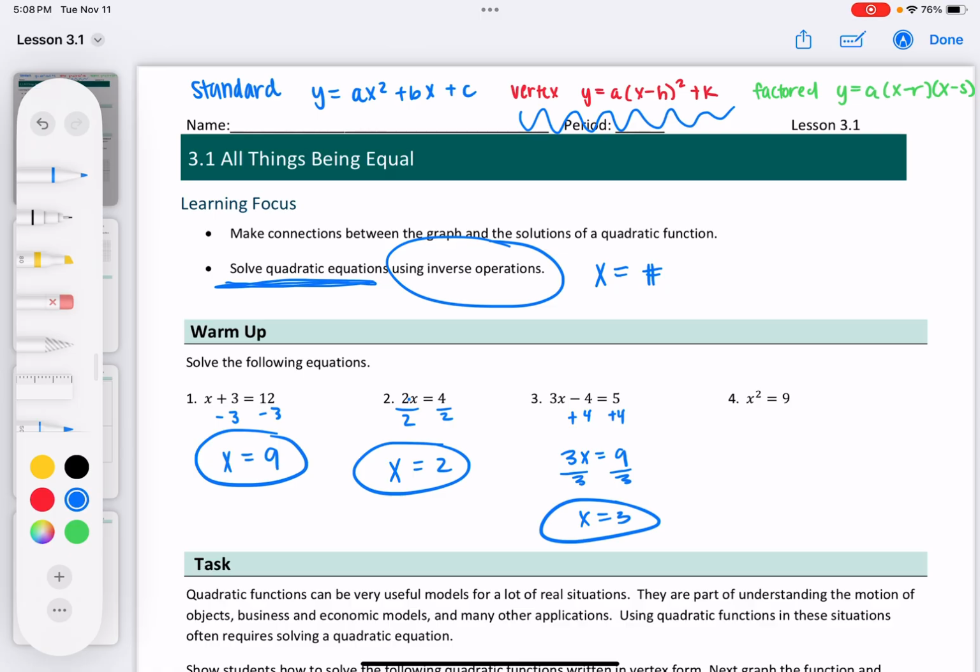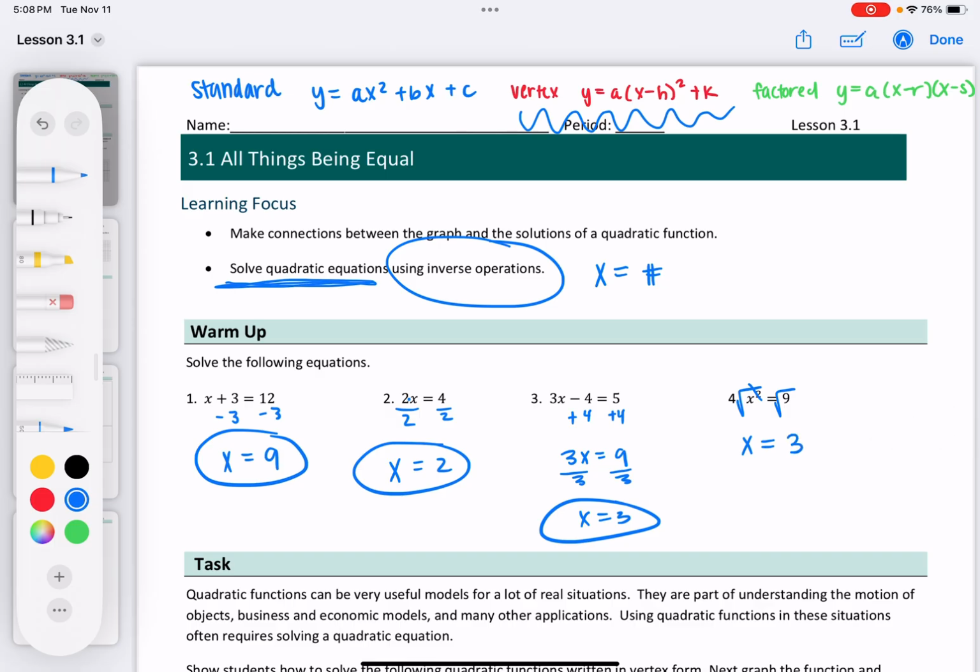Okay, number 4, again, we're using inverse operations. The inverse, or the opposite, of squaring is going to be square rooting. When we have a square root and a square, those two cancel out. We get x equals the square root of 9, which is 3.